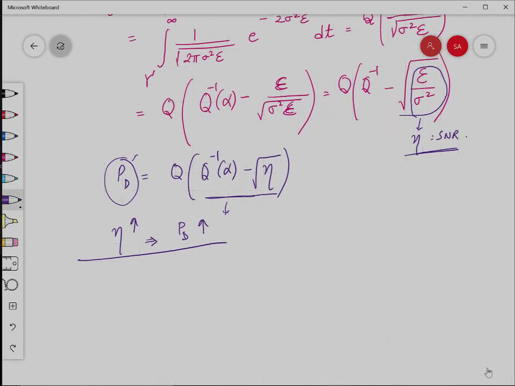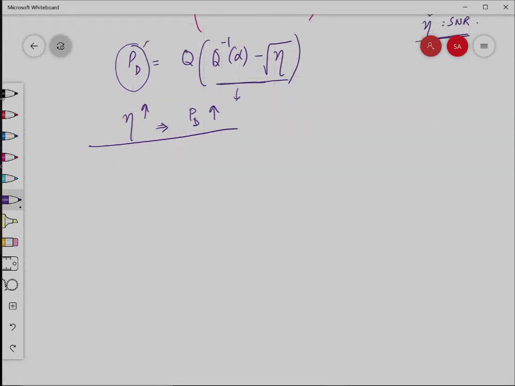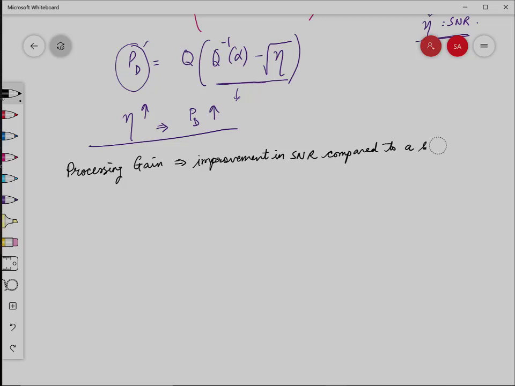So there is something called the processing gain. There are a couple of terminologies that we are going to discuss now. The first one is called the processing gain, and this is the improvement in SNR compared to a single data versus n data set.